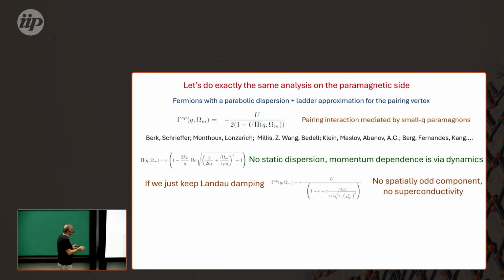Only we used to say omega over q, a more accurate formula is 1 over q times the square root of 1 minus q over 2kF squared. And you put this into pairing, an equation for the pairing gap, and ask whether this interaction gives you any component for spatially odd states, P wave, F wave, etc. And the answer is 0. This interaction will have no component in any odd momentum channel.